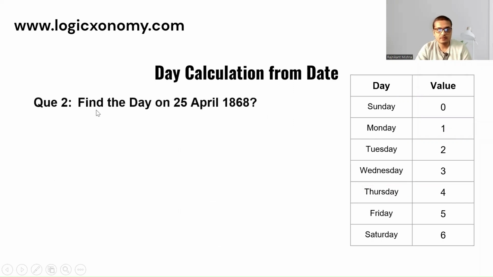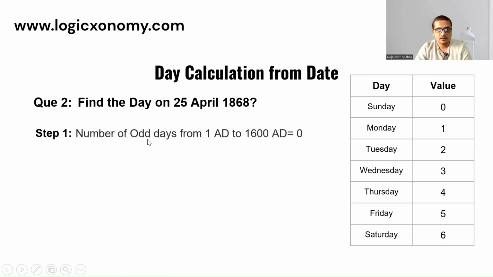Question number 2. Find the day on 25th of April 1868. Step number 1. First we have to calculate the number of odd days from 1 AD to 1600 AD, which is equal to 0, like in the previous case. Step number 2.